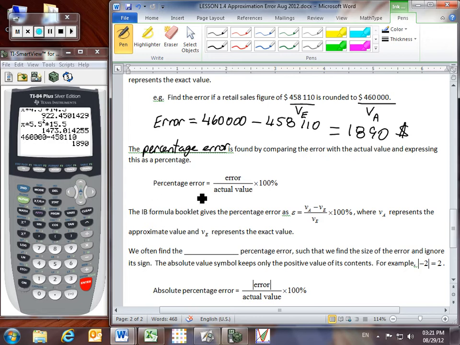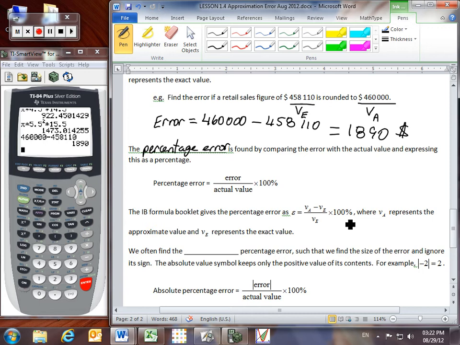The percentage error is the error, this thing up here, divided by the actual value, the real true value, times 100%. Now the IB formula booklet gives it a little bit differently. As before, it expresses the error as VA minus VE, approximate value minus exact value, divided by the exact value. That's the actual value on the bottom. And we multiply by 100% at the end in order to convert it into a percentage.